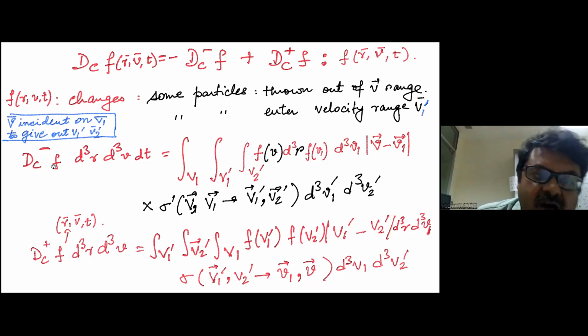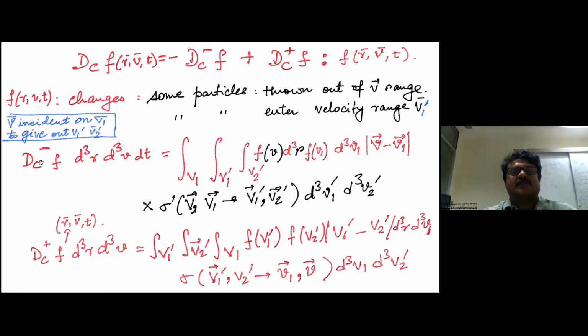So here you are saying how many leave. So particles which are moving with velocity v1, how many leave that and get velocities v2, v3, v4, v5. So that depends upon the number of particles moving with velocity v in d3r, and so f of v is the number of particles moving with velocity v in d3r, and they are incident.